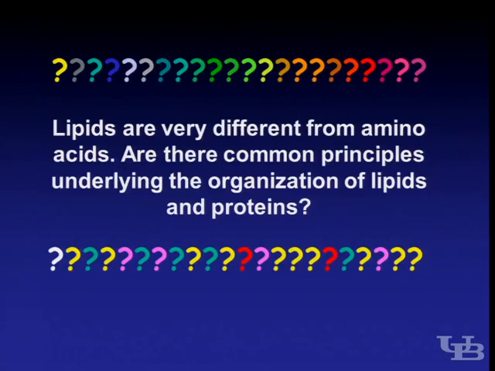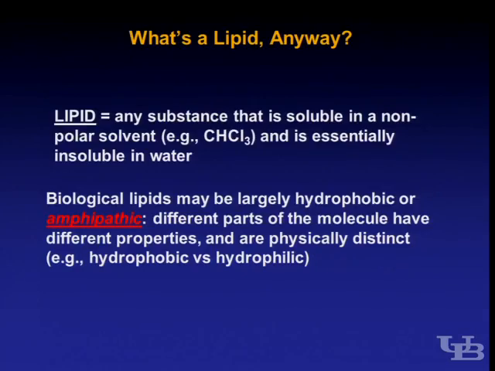Okay, so you'll see that the lipid structures are obviously not amino acids, but you should question, and then see, that yes, in fact, there are common features to both the building blocks of membranes and the building blocks of proteins. So let's start with some definitions. What do we mean when we say a lipid?